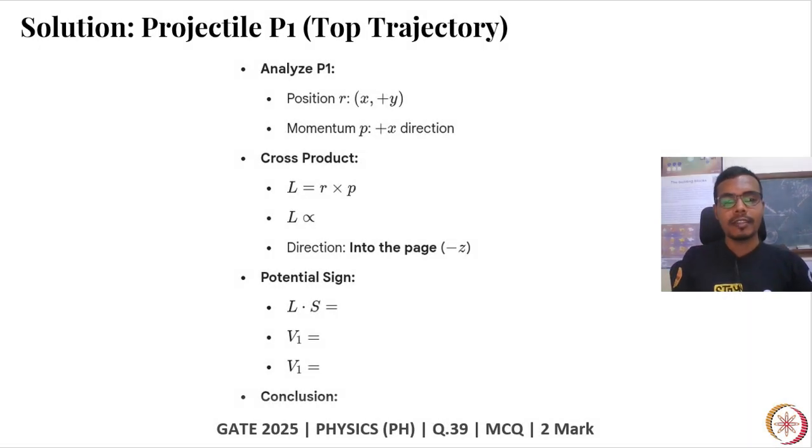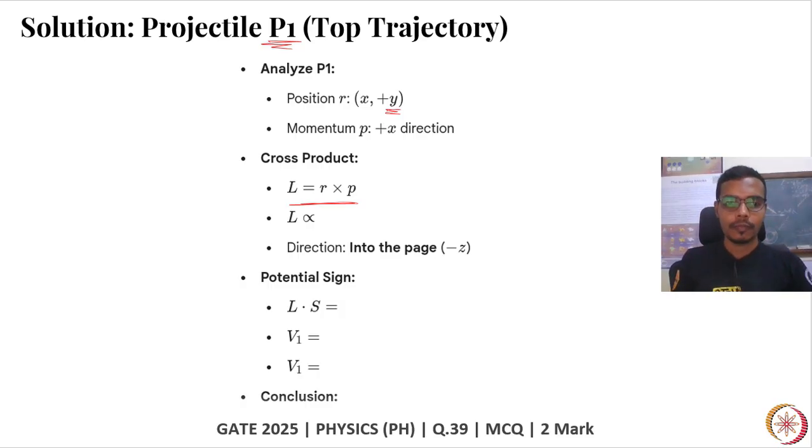So first let's analyze projectile P1. It travels above the target, so it has a positive y coordinate, as we can see in the diagram. The orbital angular momentum L is simply r cross p. Using the right hand rule, point your fingers from the origin up towards P1, that is positive y direction, and curl them towards the momentum, that is positive x.